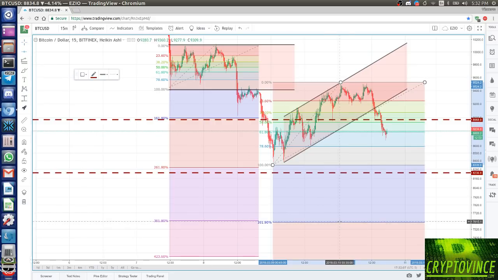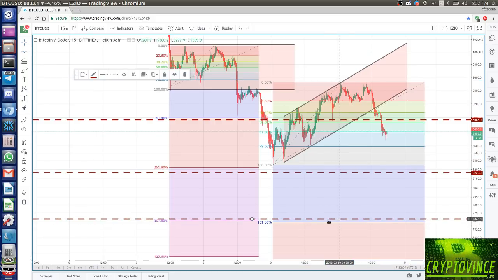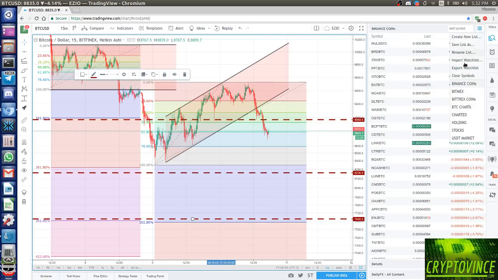And look how even the 361% of the second last correction matches up with the same level of this correction. So this one is a strong support, and I don't know if you guys remember, but 7,600 is pretty much the target of the 1 year trend, and I can show you that.